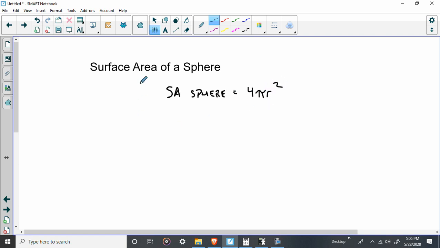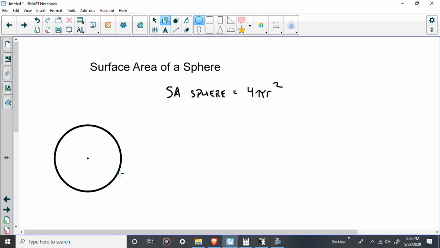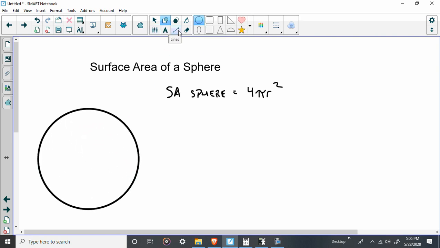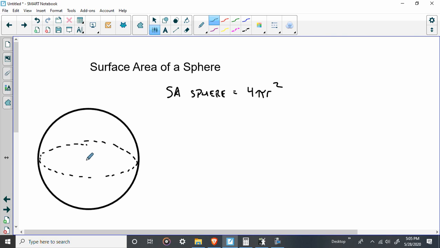So if we think of a sphere, right, it's going to be hard for me to draw this, but I'll do my best. If we kind of drew this as a sphere, and it's now three-dimensional, and we still have a radius. Spheres still have a radius, right?